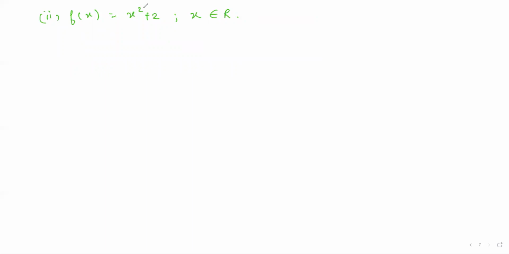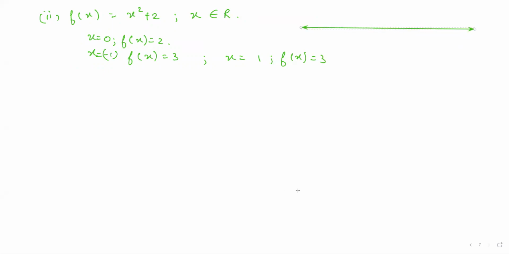Even if you place a positive value or 0, this is positive. For x equals 0, f of x is 2. For x equals -1, your f of x is 3. For x equals +1, your f of x is 3. So from the number line, if you approach either negative or positive values, your f of x goes on increasing.